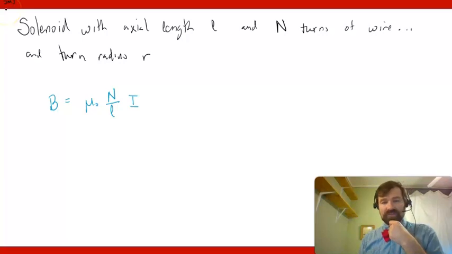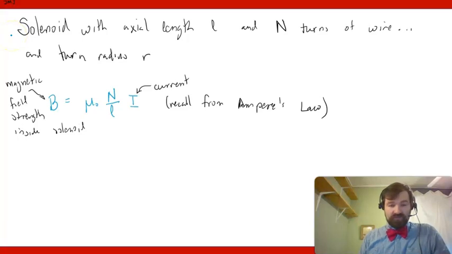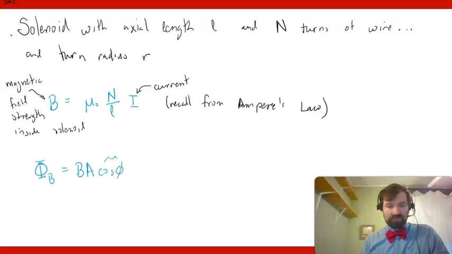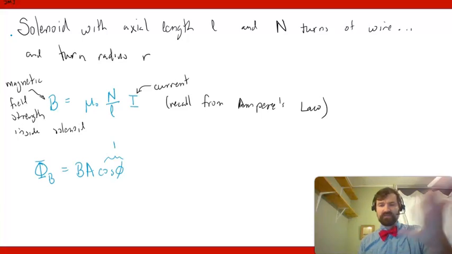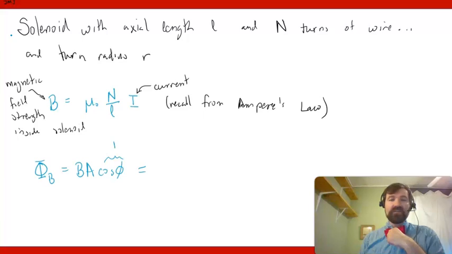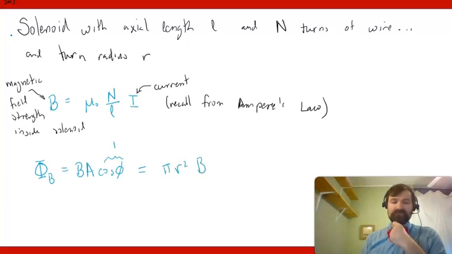So this is in some sense like recall from Ampere's law. Using the definition for magnetic flux, phi sub B must be B dot A, so that would be B times A times cosine of the angle between them. This number right here is 1 because it's a 0-degree angle between the A vector and the B vector. And the area, of course, would be the area of one circle, so that would be pi r squared. So I have pi times r squared times B.